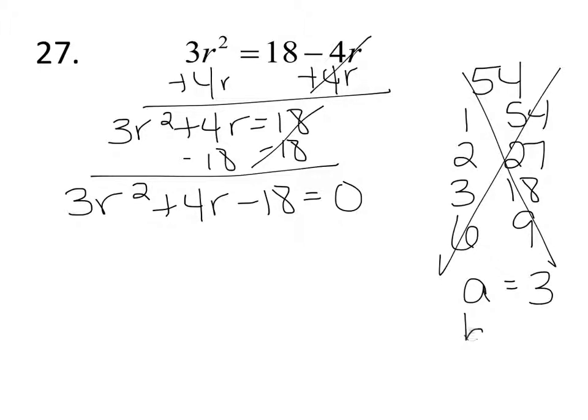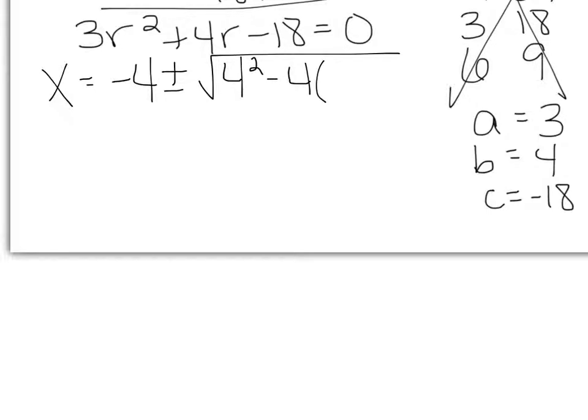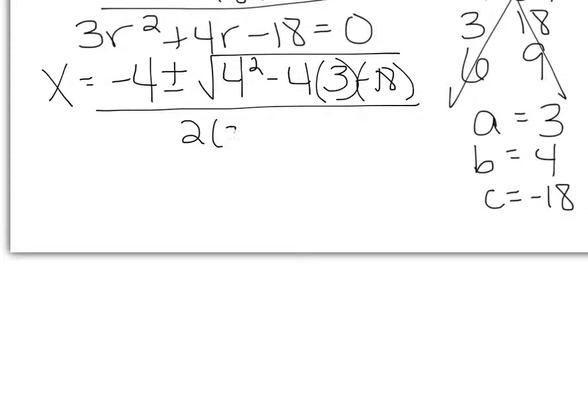A is 3, B is 4, and C is negative 18. So let's go ahead and plug in. X equals negative B, which is negative 4, plus or minus the square root of B squared minus 4AC, all over 2A.